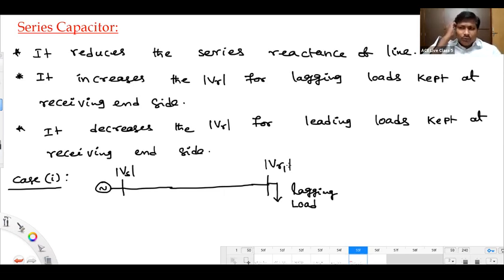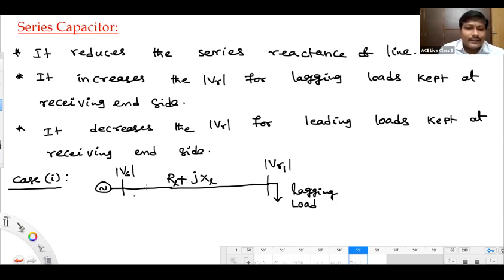Till now, we have taken that line with only series inductive reactance. Now I am keeping the resistance also, but there is no difficulty in that. Either you take the resistance into calculations or neglect it, it makes no difference. But for our convenience, I am keeping R_L plus jX here: line resistance and line reactance. If resistance is not given, you can neglect it.